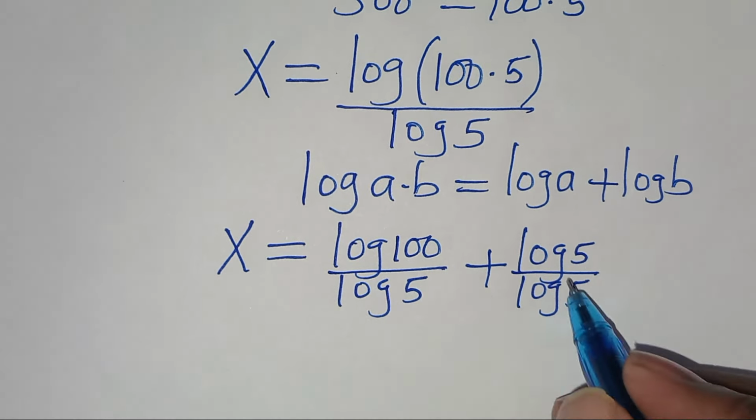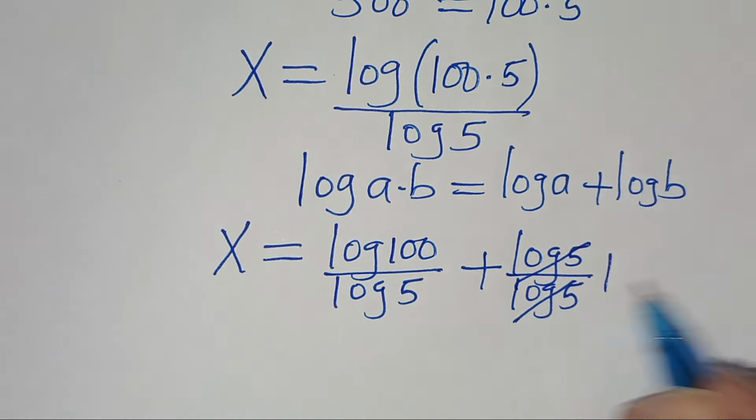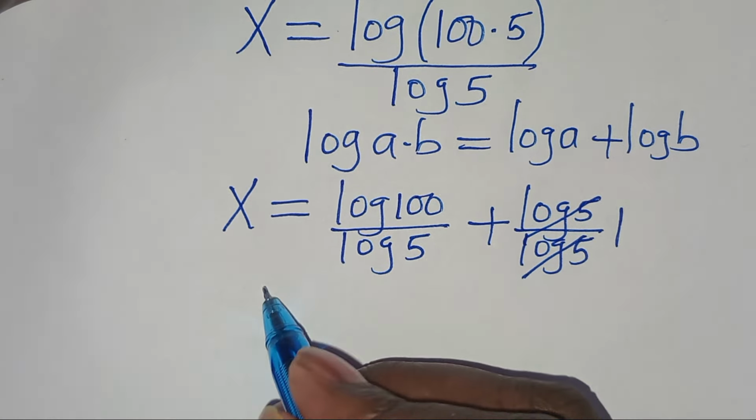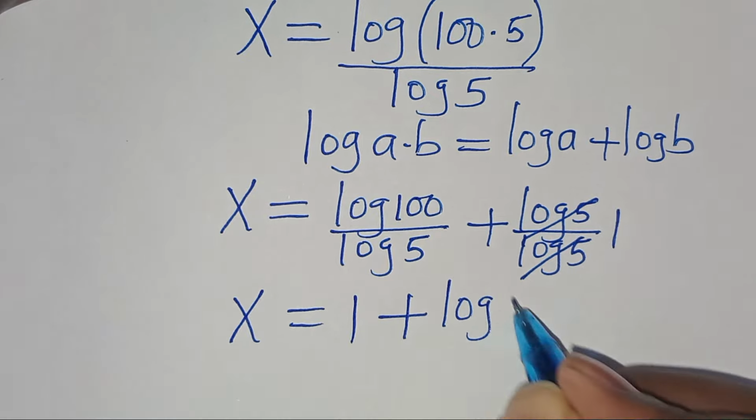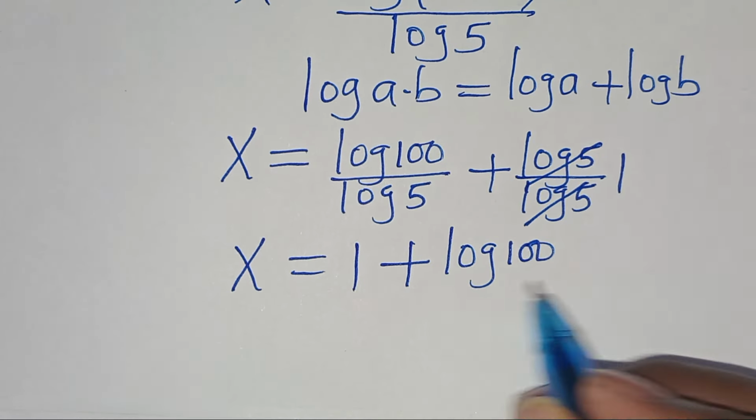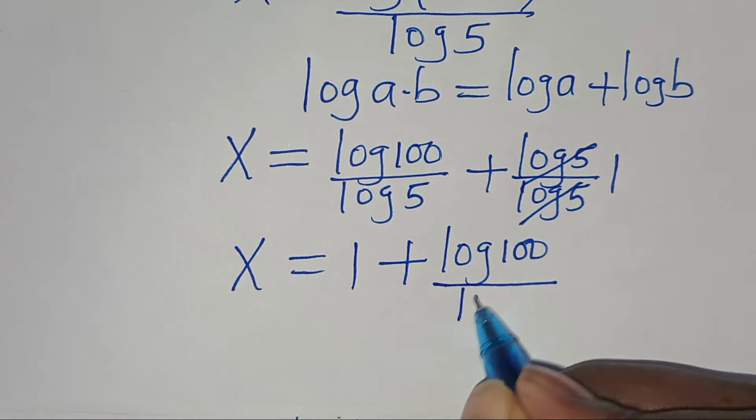So let's simplify here. Log 5 and log 5 simplify so that now x here is equal to 1 plus log 100 divided by log 5.